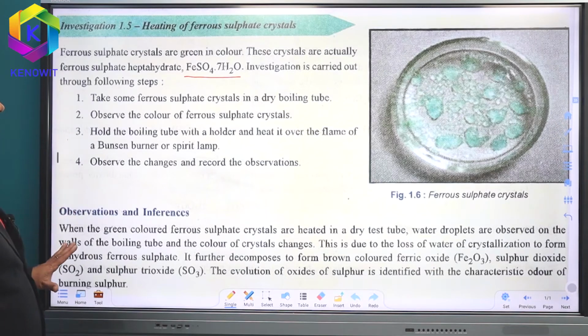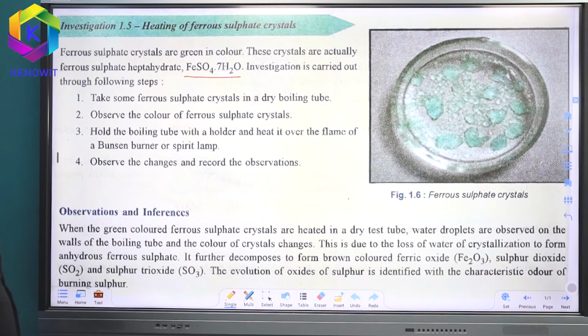In this investigation, take a small amount of ferrous sulfate crystals in a dry boiling tube, observe the color of ferrous sulfate, hold the boiling tube with a holder and heat it over the flame of a Bunsen burner or spirit lamp. Observe the change and record the observations.